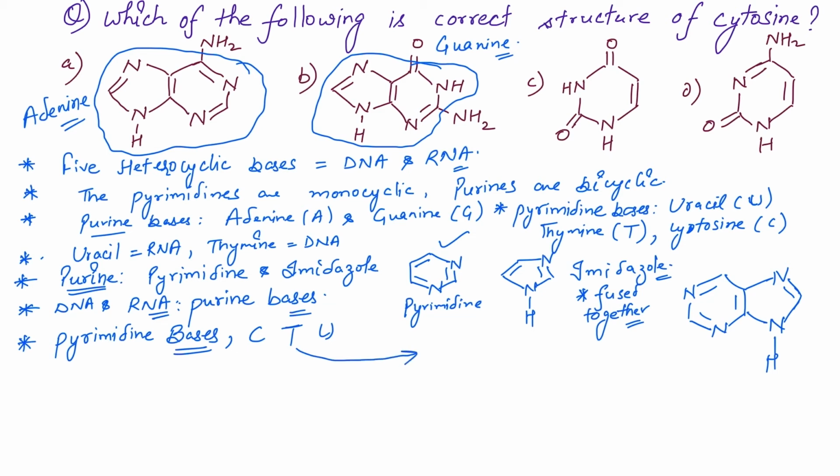So let's first draw the structure of thymine. Now as we have known that it is a pyrimidine base, so the basic structure will be of a pyrimidine molecule. There is a methyl group also. So this is the structure of thymine.